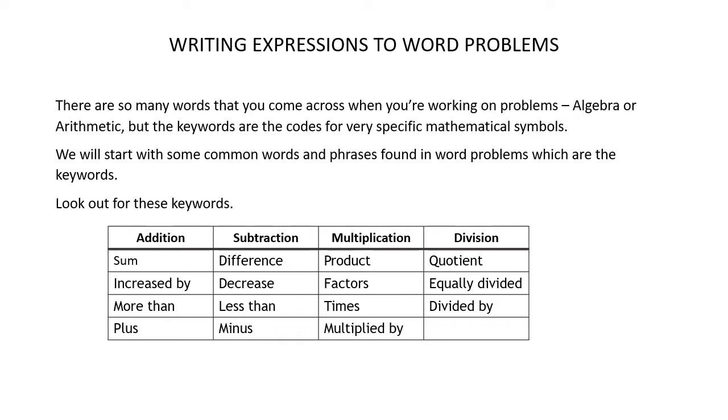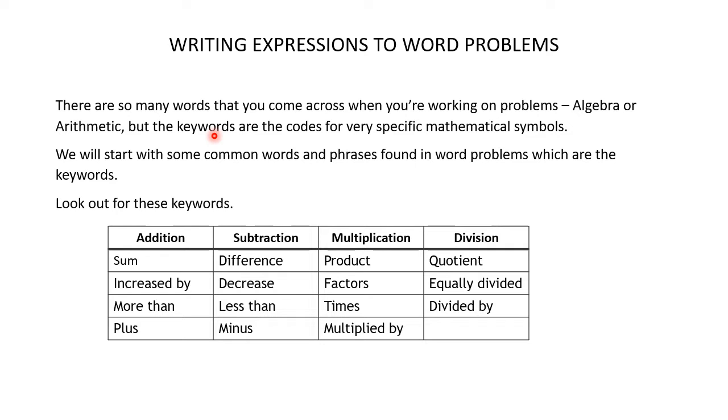There are so many words that you come across when you are working on problems, algebra or arithmetic. But of all these words, there are a few words that act as the keywords. These keywords are the codes for very specific mathematical symbols. So you have to look out for these keywords in the problems.